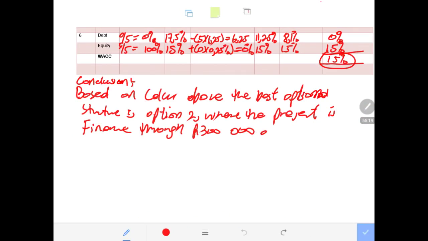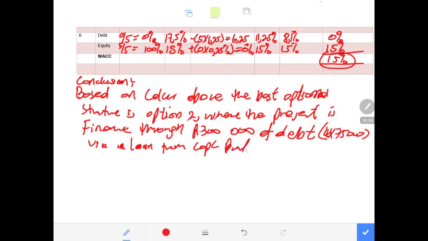The 300,000 rands of debt is 4 times 75,000, via a loan from Caps Bank, and 75,000, which is 1 times 75,000, through issuing of new shares.